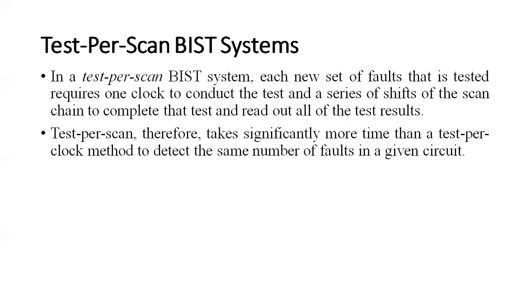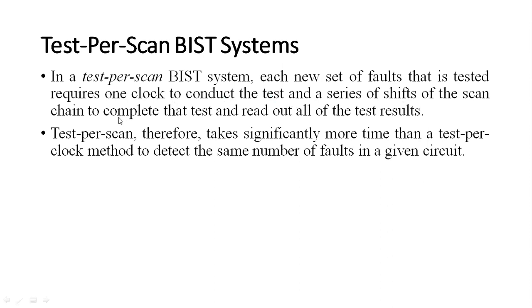Because each flip-flop shifts the bit content from one flip-flop to the other. Within that scan chain operation, it has to complete the test and read operations and give the required output for all the test results. So the shift operation, the read operation and the test operation are represented within one clock cycle itself. That's the reason it requires one clock to conduct a test and a series of shifts of a scan chain.